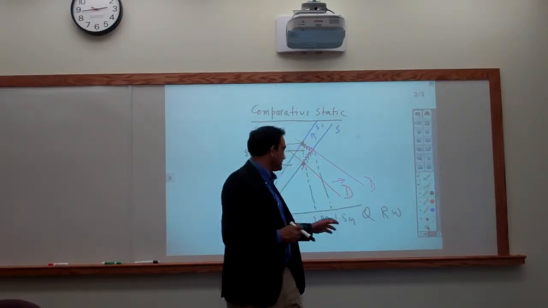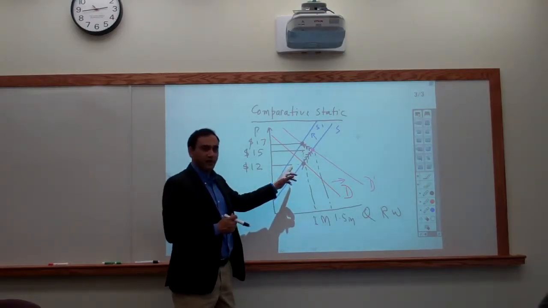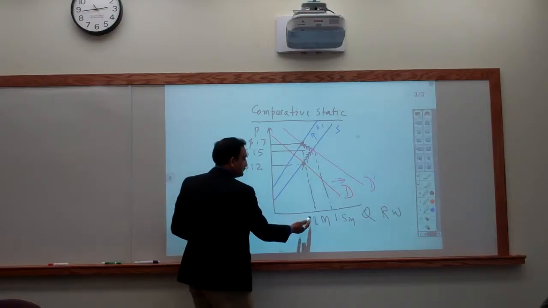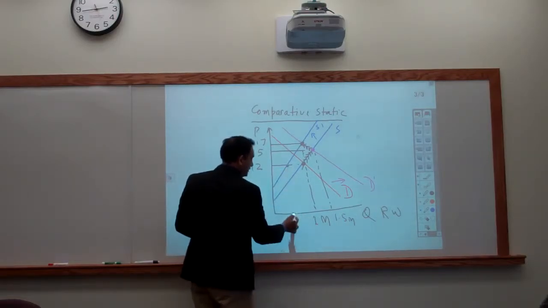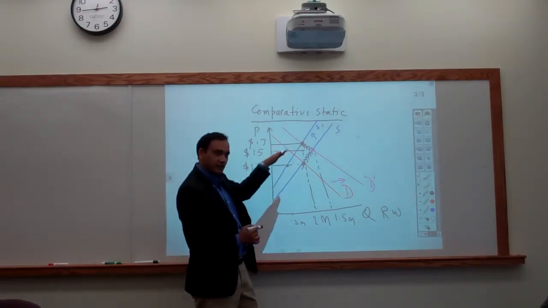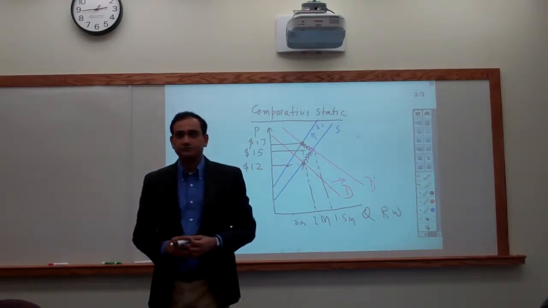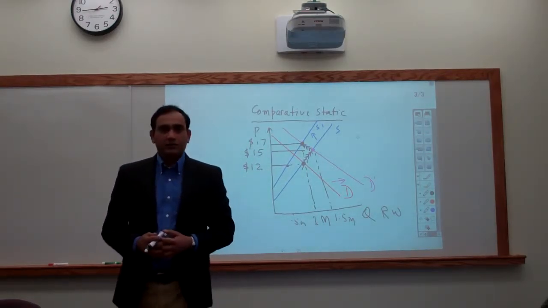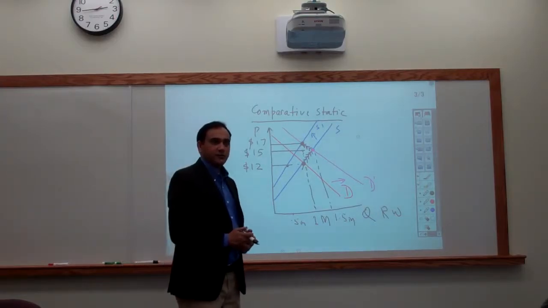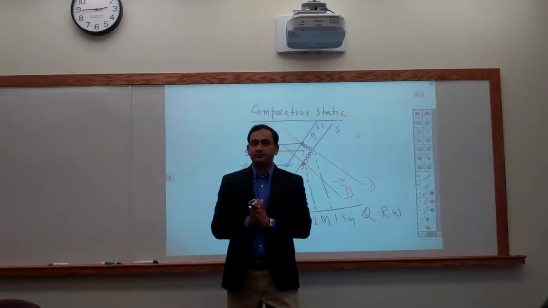So we know at the same price, $12, now there will be less supply of wine. So maybe instead of 1 million, you will have only half a million. Can you see that? So basically that falls on a new supply curve. So supply curve decreases, shifts to the left. Okay. All right, good. Fine so far? Everything clear? If not, let me know.